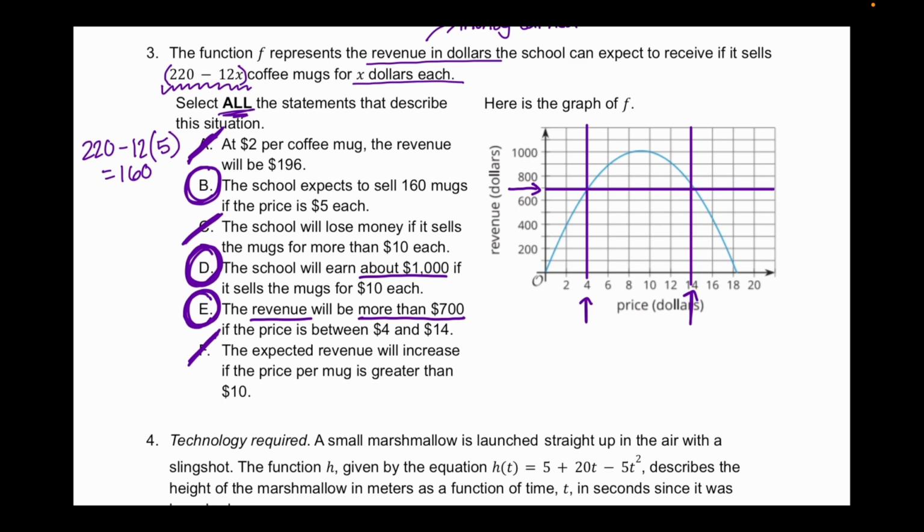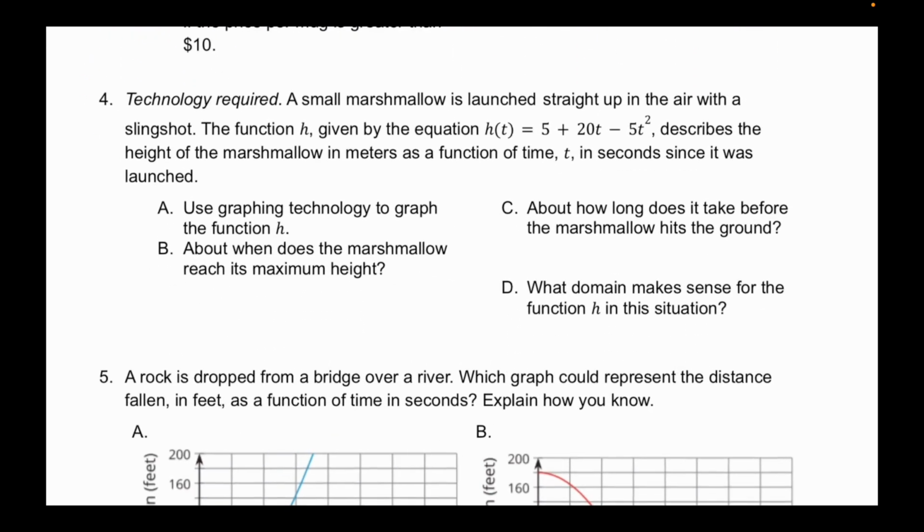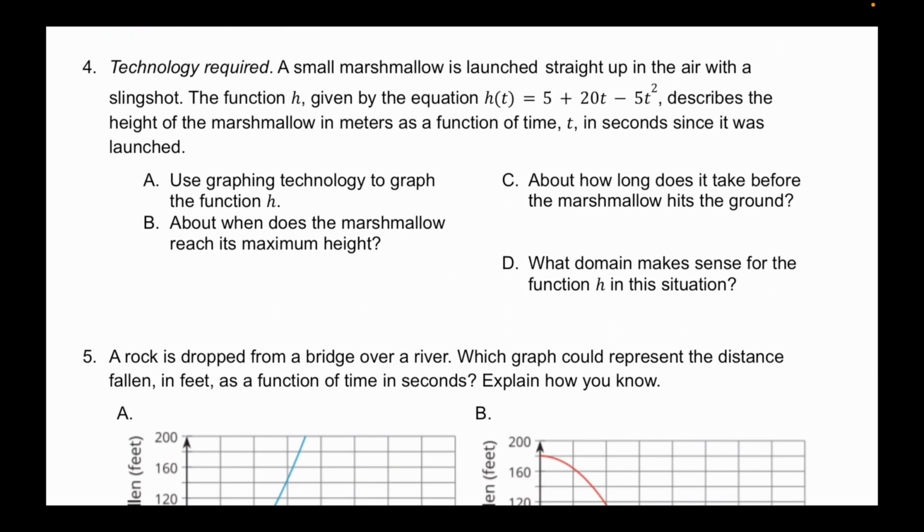That brings us then to question 4, which we are going to use some technology for. So we have a marshmallow launched straight up into the air with a slingshot. They're giving us a function h using the equation h of t equals 5 plus 20t minus 5t squared. I like to always highlight my functions.